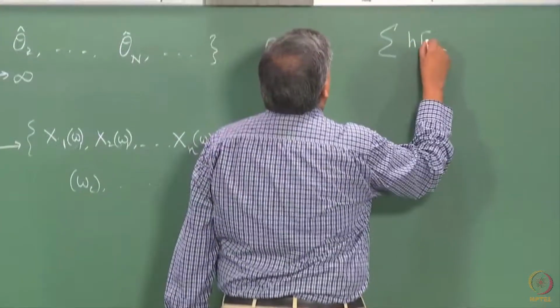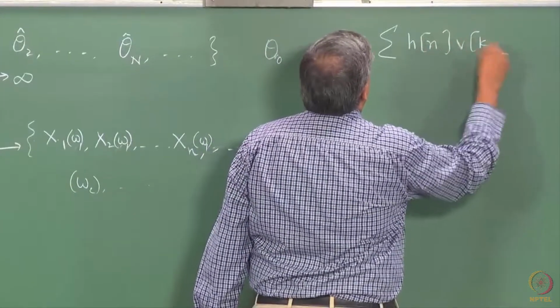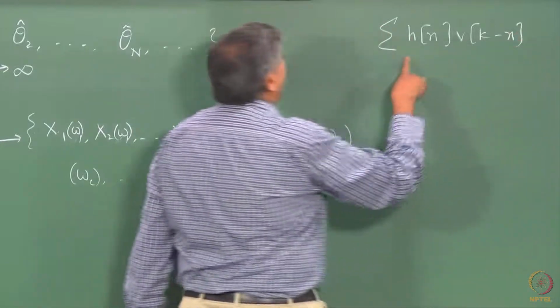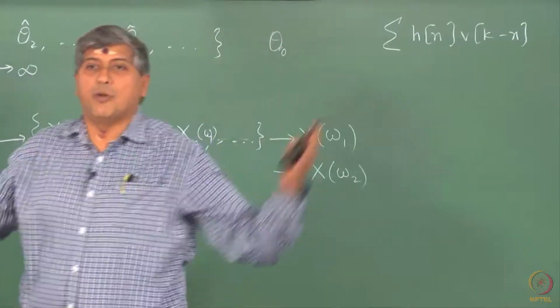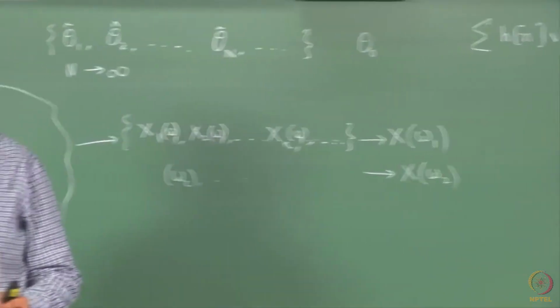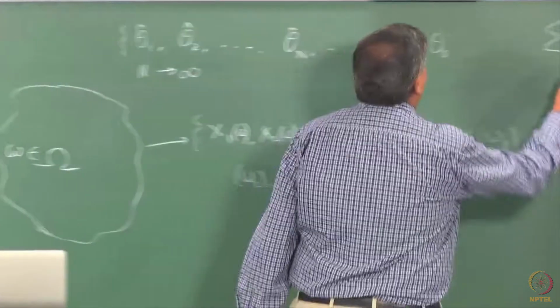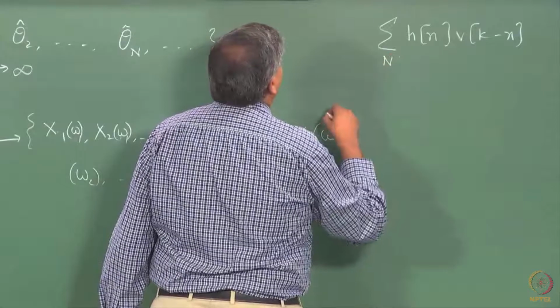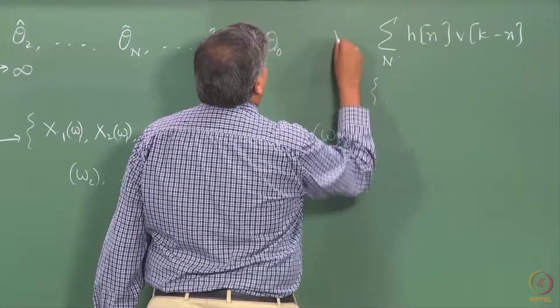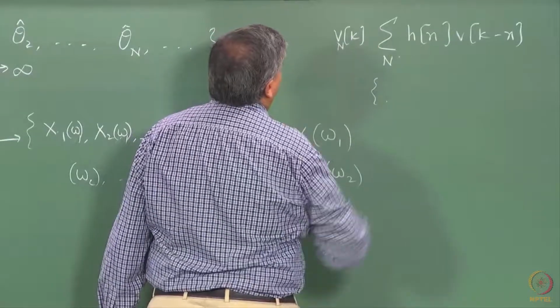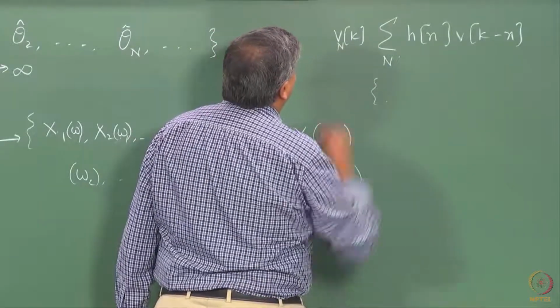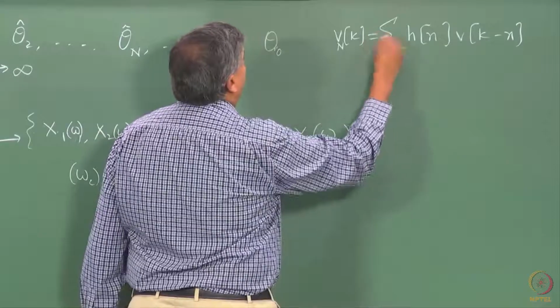If you recall, we had this summation. This summation should actually converge to a random variable as I keep increasing the number of terms, right. Imagine that here you are summing up only some n terms, and you can now construct this Vk, where this subscript n denotes the number of terms you have used in the summation.